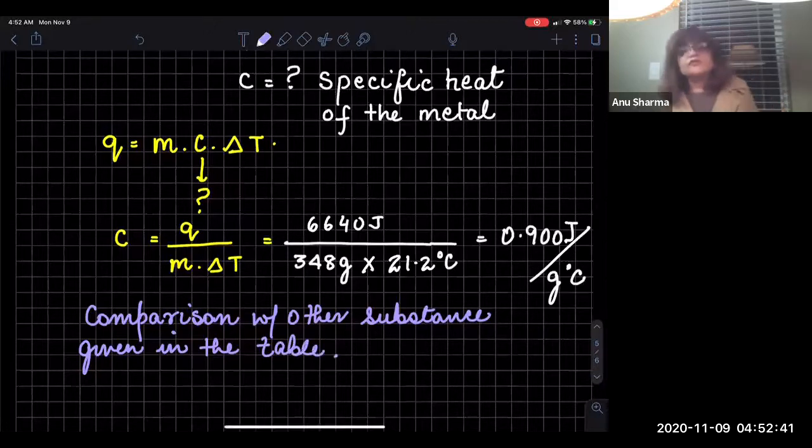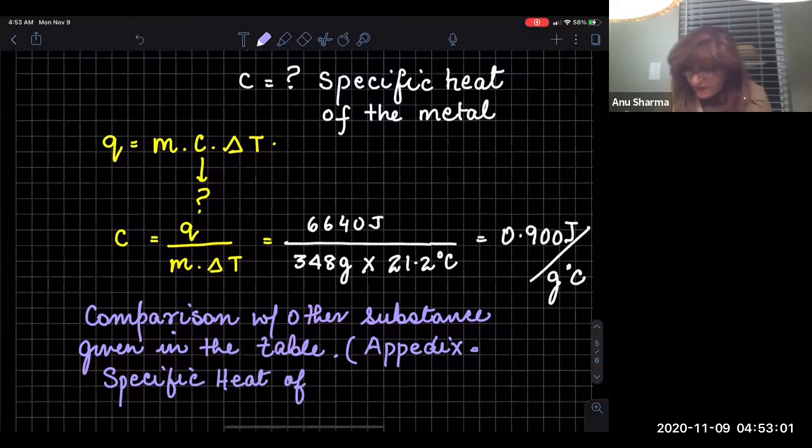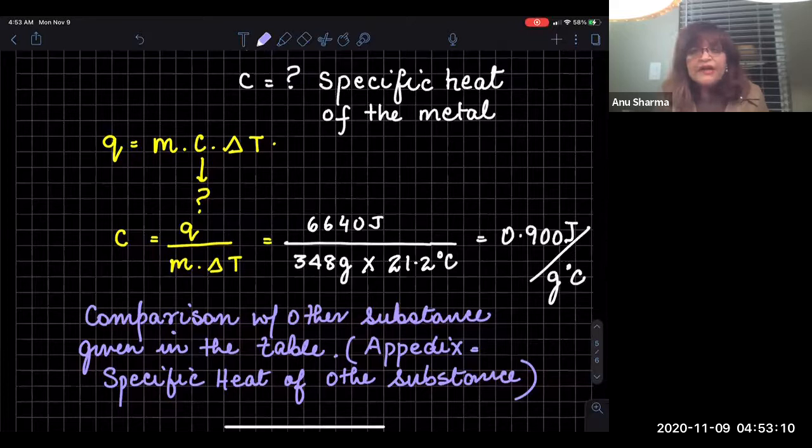Generally, the appendix in the books will have the specific heats of other substances. So just compare it from there, and then you can decipher the identity of this unknown substance. You found the specific heat capacity, and that's how you also determine the identity of the substance.